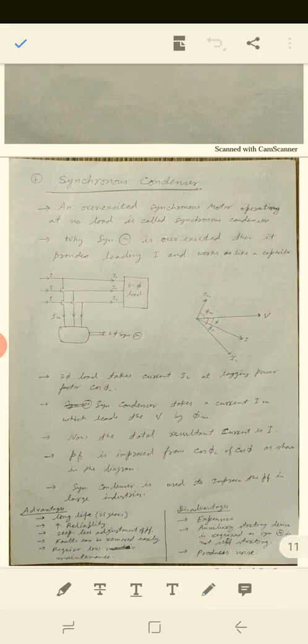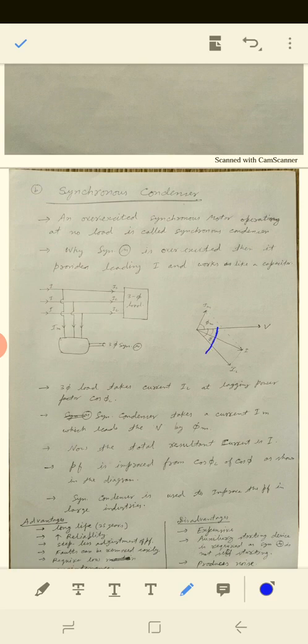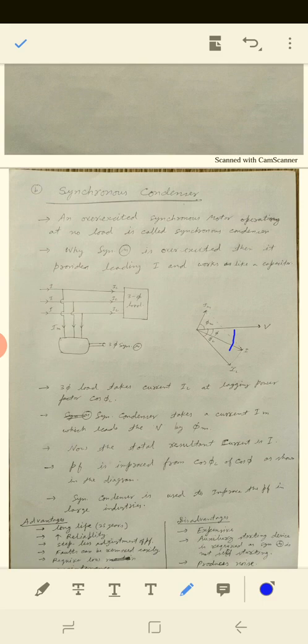The initial angle was phi 1, and now the final angle is only phi, which is less than phi 1. So as phi is less than phi 1, and the cosine of the angle between voltage and current is the power factor, the power factor cos phi will be greater than cos phi 1, which means the power factor gets improved.